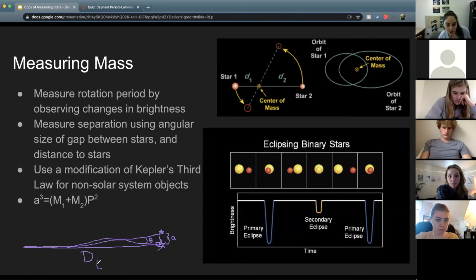So tangent of theta is going to be equal to opposite over adjacent, A over D. So if we can measure the angular separation, and we know the distance, we can find the semi-major axis. And then we can plug both those things into Kepler's law to find the sum of the masses.